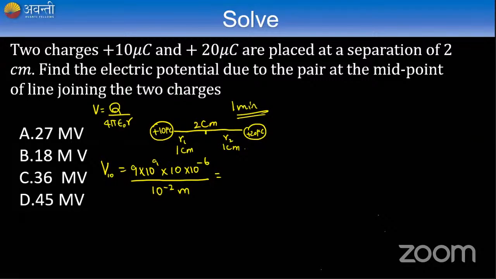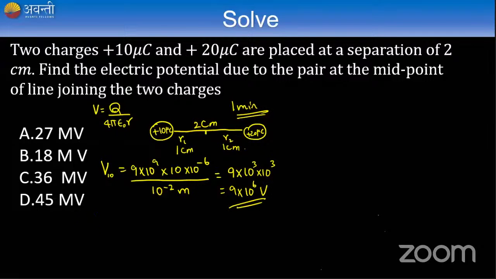Just try to simplify the powers. Magnitude wise, it's 9 into 10 power 9 minus 6, which is 3, and 10 power 3 into 10 power 3. So I get 9 into 10 power 6 volts. This is my V1.